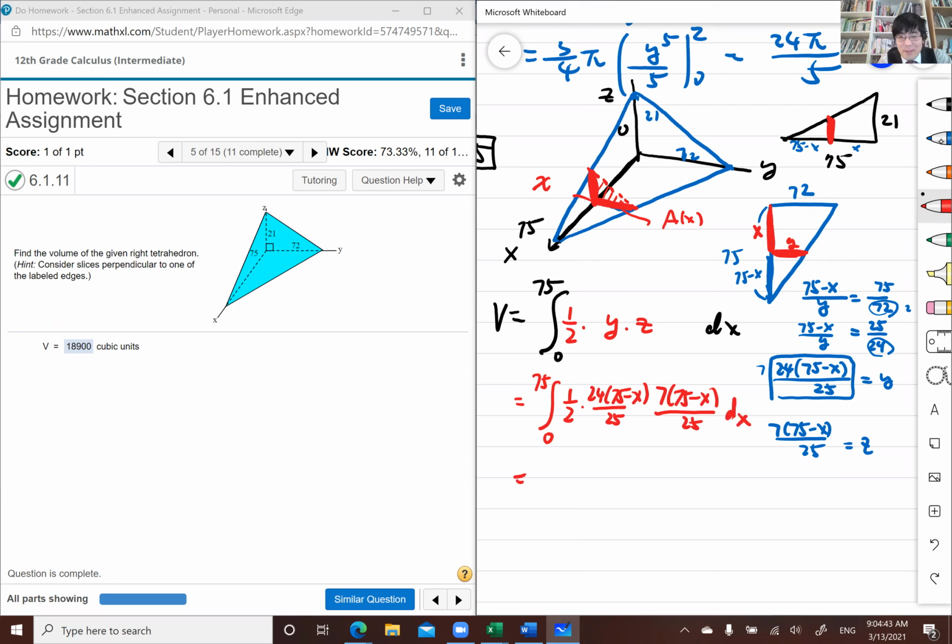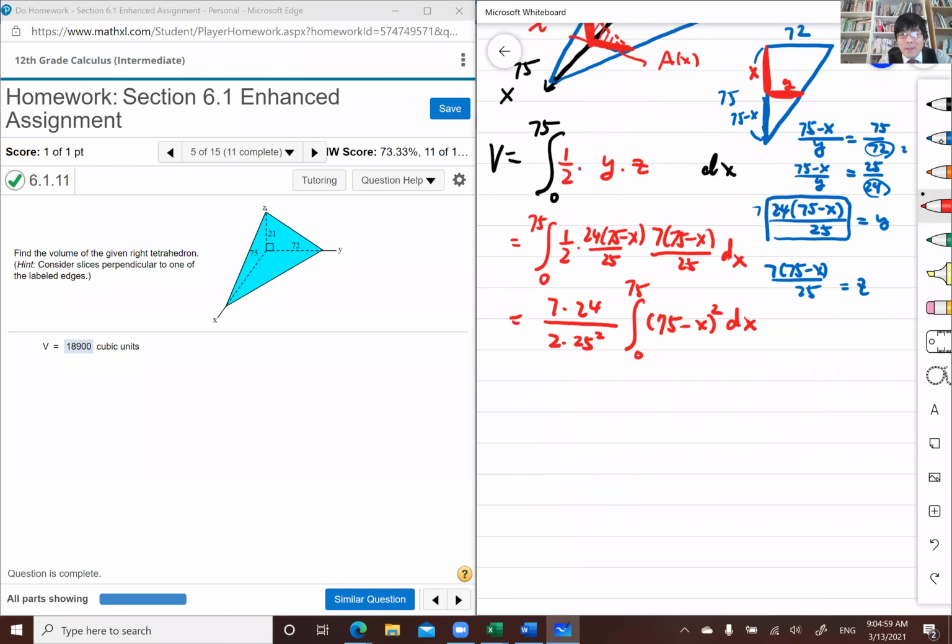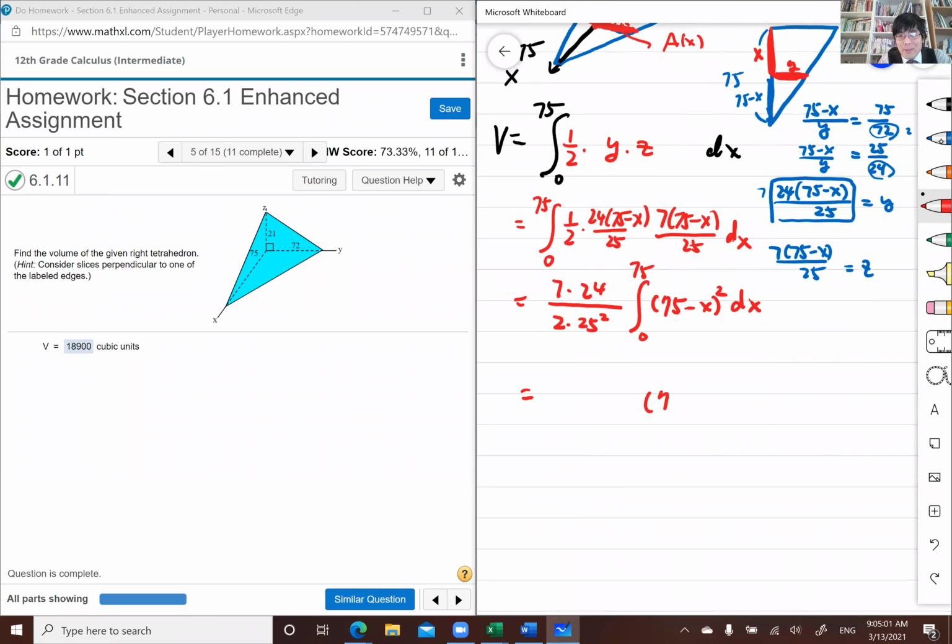Let's put the big numbers out. So 1/2 times 24 times 7 over 25 squared, those constants out. And so it is just an integral of a quadratic function like this. When you integrate this one, you want to get the cube divided by -3, and you want to plug in 0 through 75.